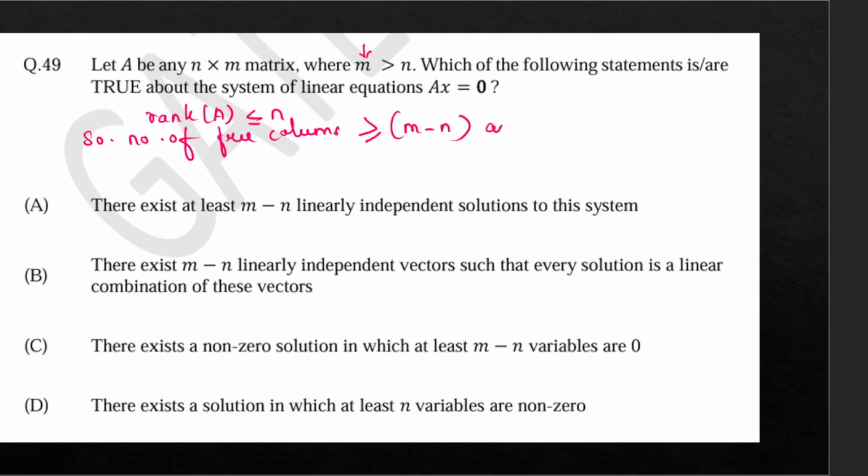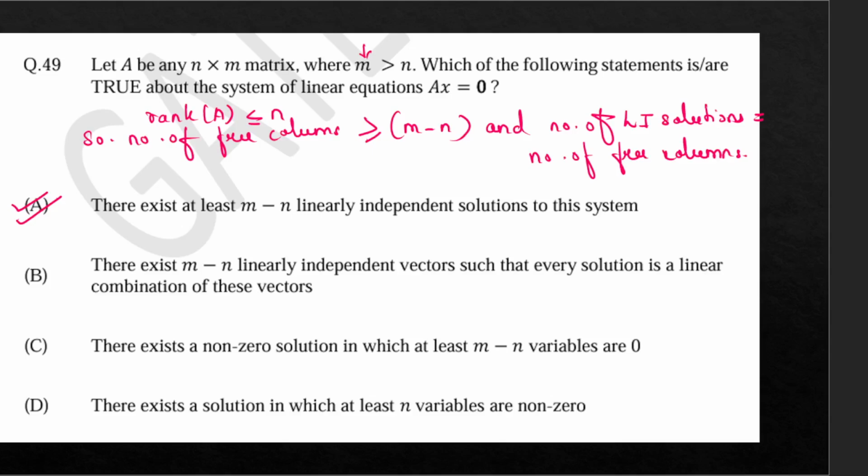Okay, and the number of linearly independent solutions is equal to the number of free variables or free columns, I can say. So that is why this is absolutely correct.